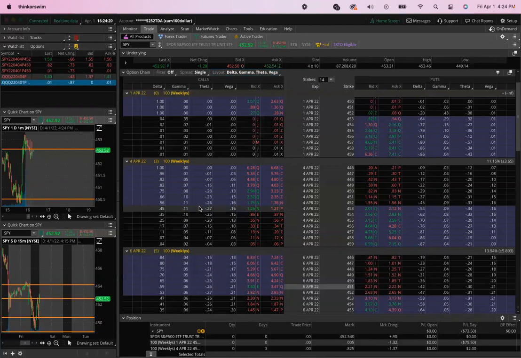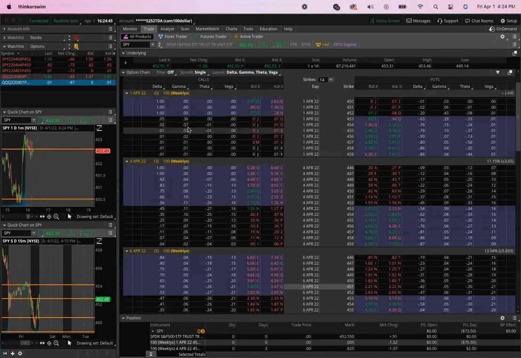So gamma doesn't have a direct impact on the price of the contract, but it has a direct impact on delta, which has a direct impact on the price of the contract, right? So gamma is telling me how sensitive, or how much delta will move when the underlying security does move.